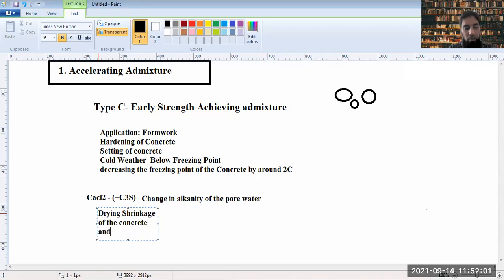And also calcium chloride, because it's a salt, is aiding in corrosion of steel if it's embedded within the concrete.